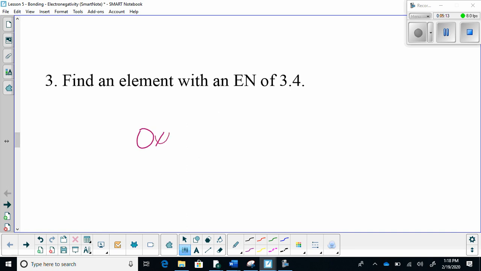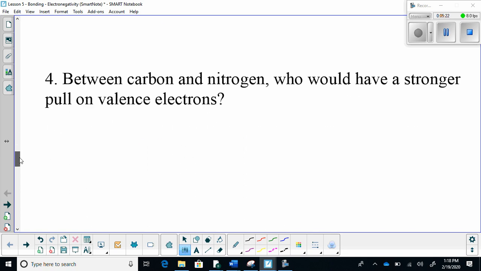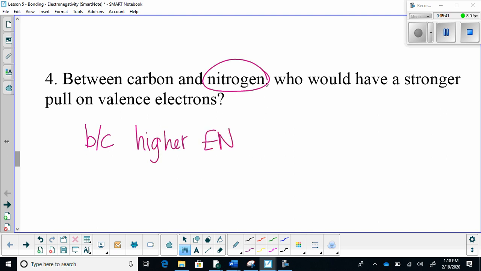Oxygen. Between carbon and nitrogen, who would have a stronger pull on valence electrons? Nitrogen. Why? Because of its higher electronegativity. It all depends on its electronegativity.